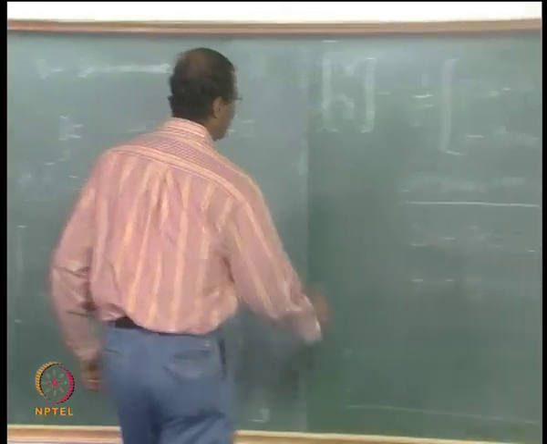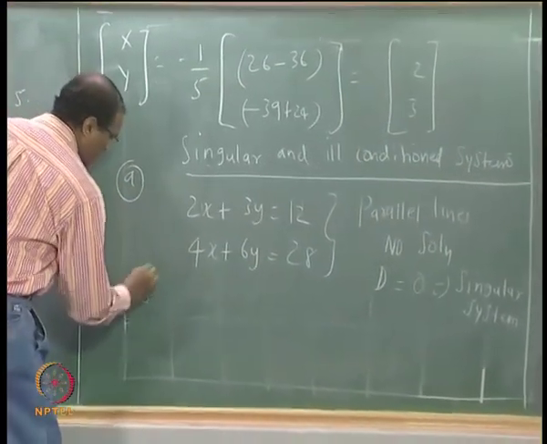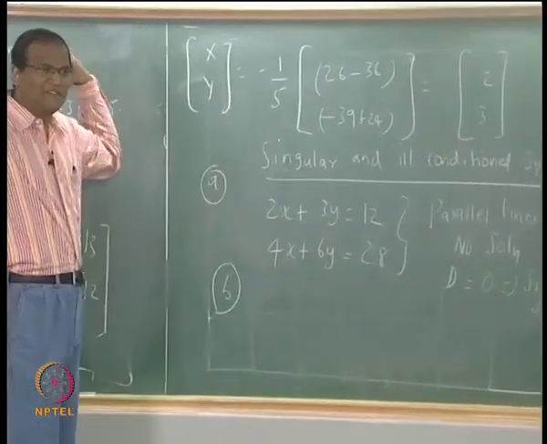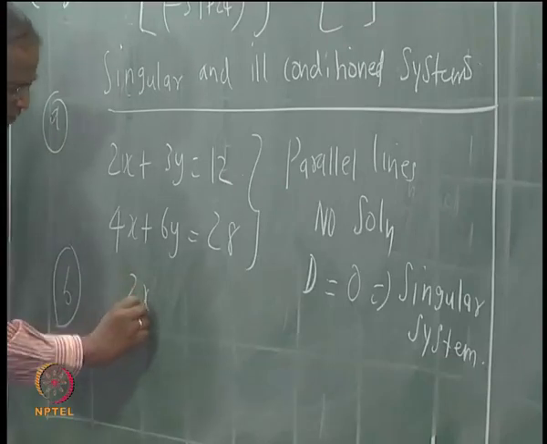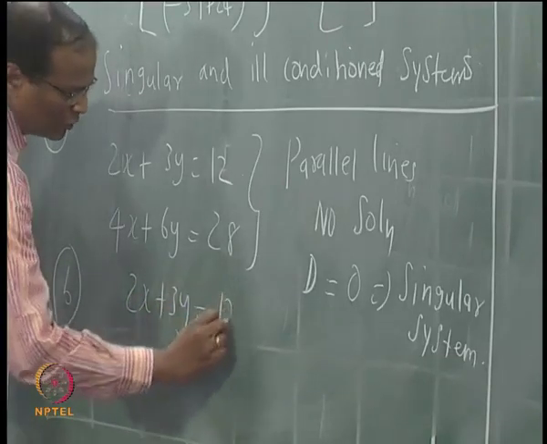So this is A. A is our example, which is well behaved. Call this B, C, whatever. B: 2x plus 3y is equal to 12.